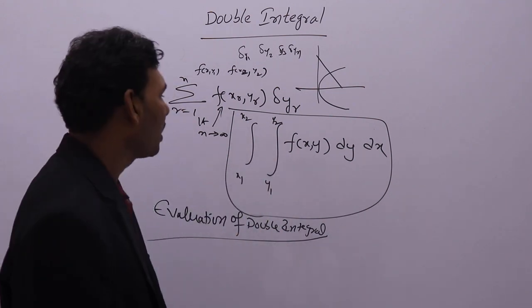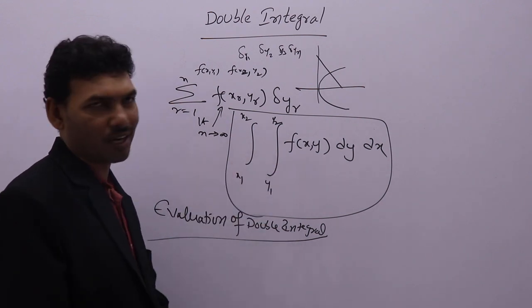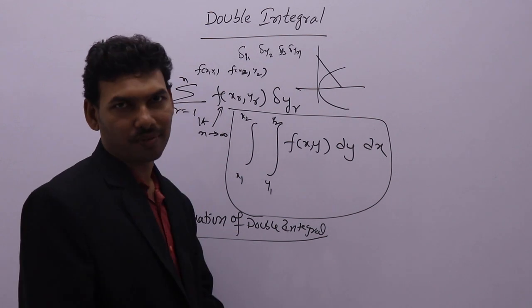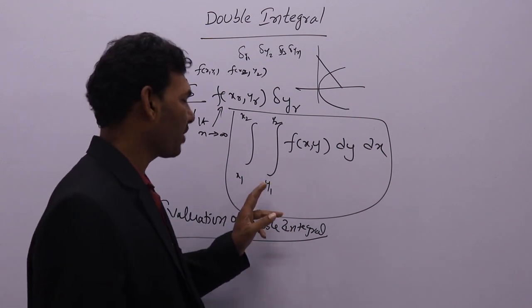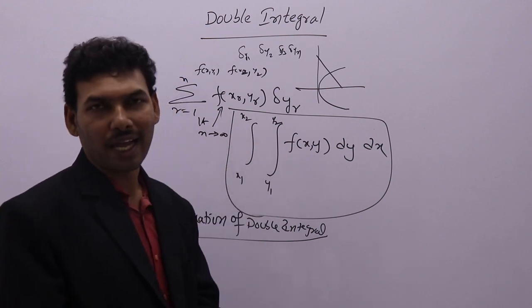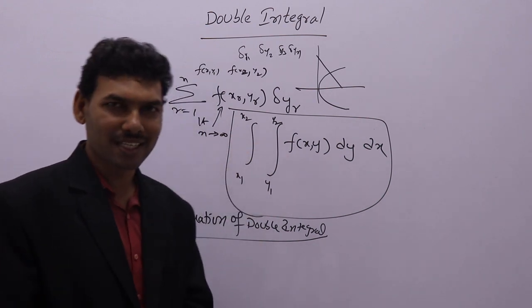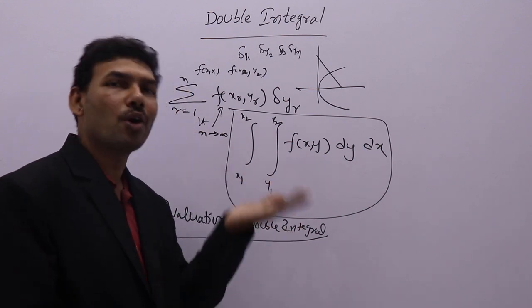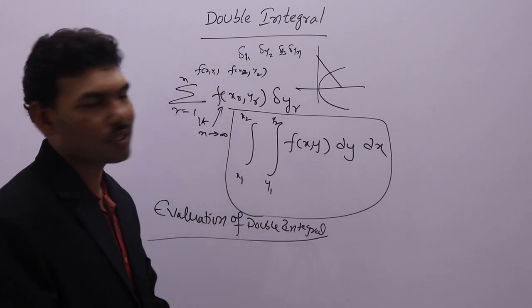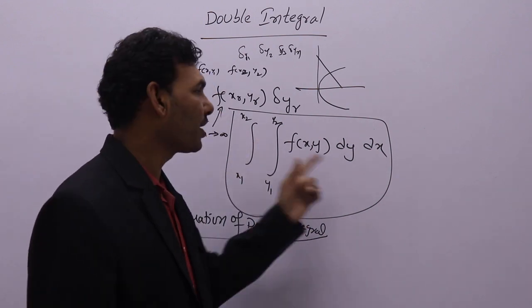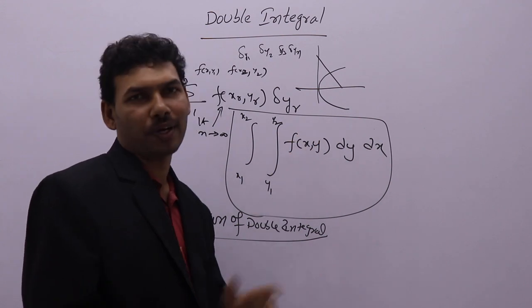But if y limits are functions of x and x limits are constant, that is y equal to 0 to x, x is 0 to 1, then the order of integration is, first you have to integrate with respect to y, next with respect to x. So if x has constant limits, you integrate at the end with respect to x.